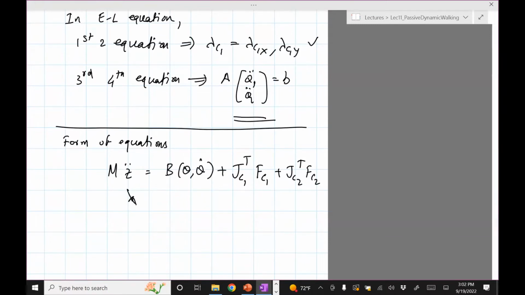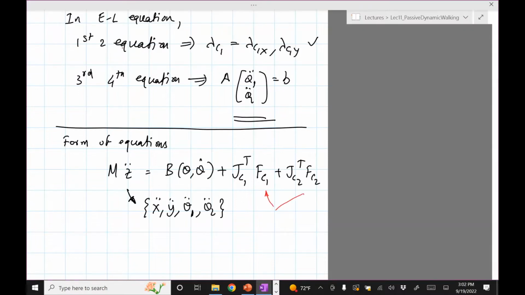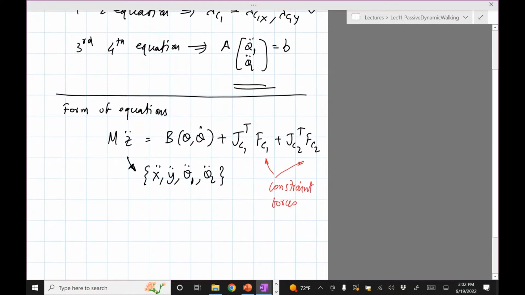Here Z is going to be x double dot, y double dot, theta 1 double dot, theta 2 double dot. These are my constraint forces, and then those are the Jacobians. Okay, so that's the generic equation.